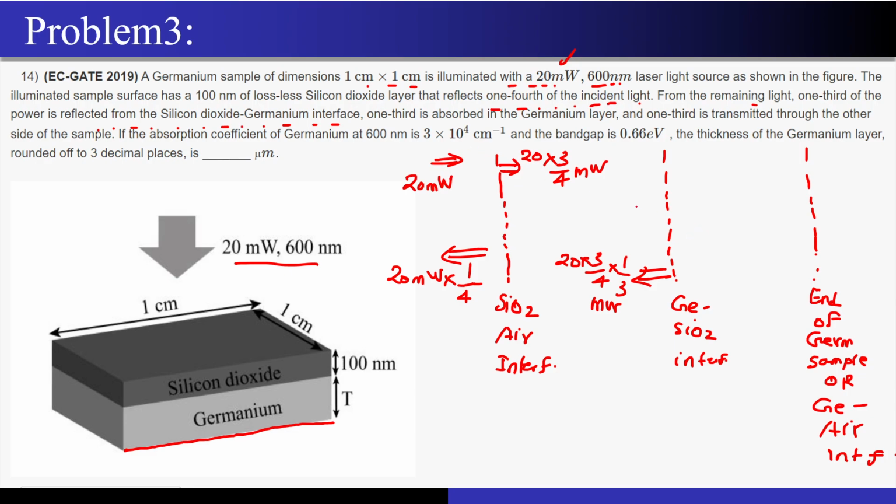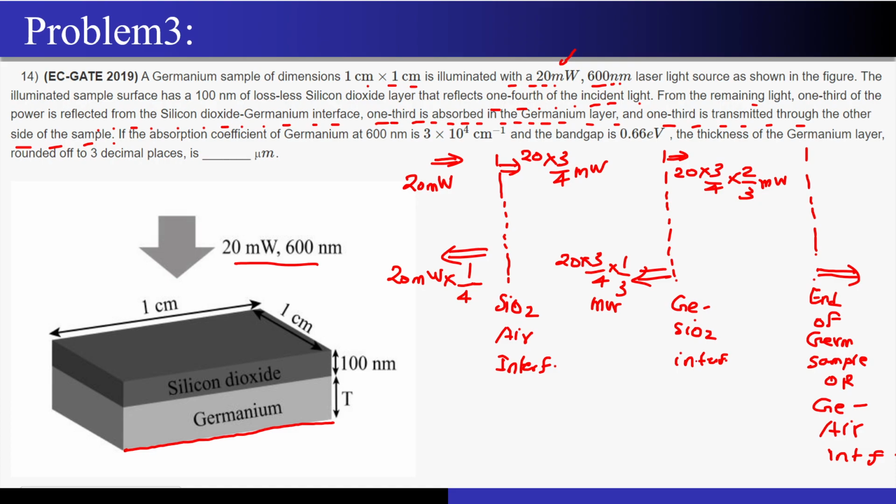What happened to the remaining 2/3 of the power? 1/3 is absorbed in the germanium layer and 1/3 is transmitted through to the other side of the sample. What do I mean by the other side of the sample? That means it passed out of the germanium sample over here. So from this interface I have 20 into 3 by 4 into 2 by 3 milliwatts that actually got transmitted out.